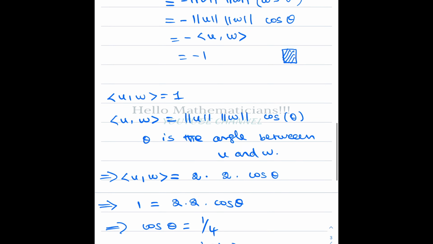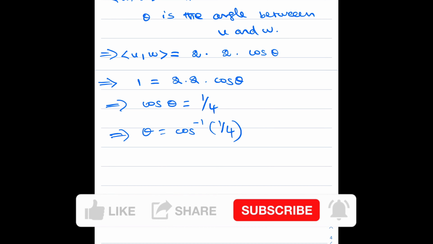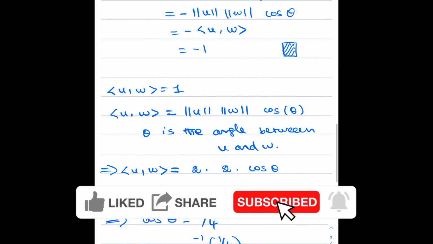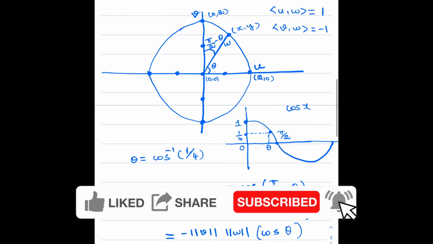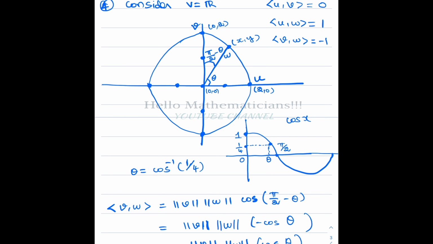That is why theta equals cos inverse of 1 by 4 means that theta is some number between 0 and pi by 2, for which if you apply cos, you get 1 by 4. So theta is some angle. Now we take a W such that it makes this angle theta with U. Now we have W satisfying this condition.